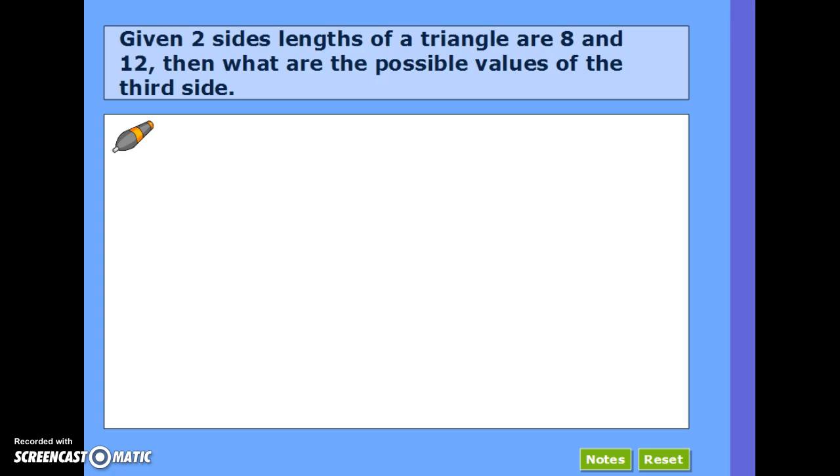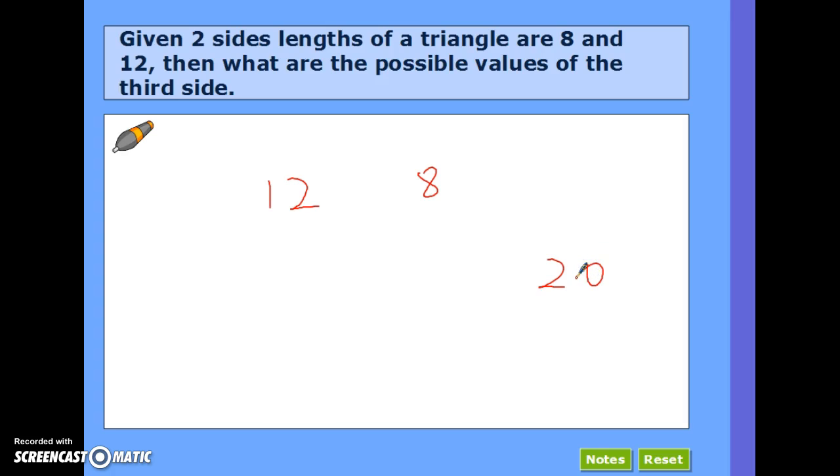Okay, and this question, given two sides in a triangle are 8 and 12, what is the possible value of the third side? The way to find this is pretty simple. So there is a range for the third side. The upper boundary will be adding these two numbers together, which means 12 plus 8 is 20.